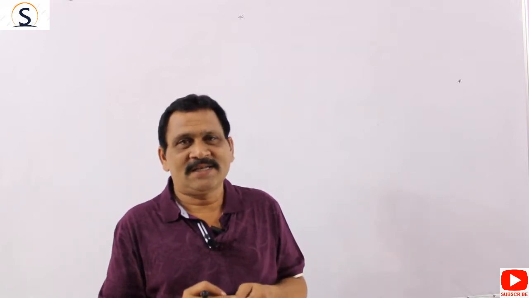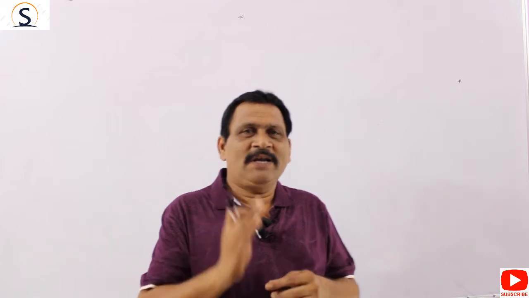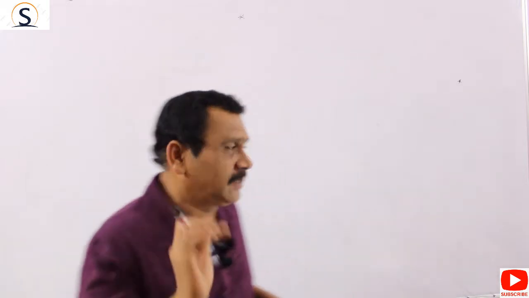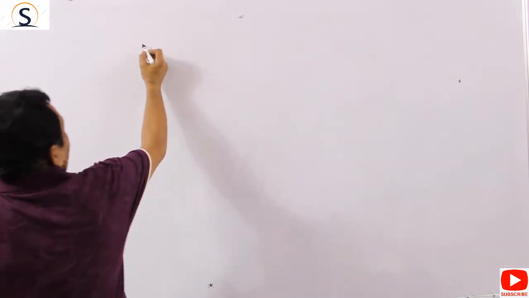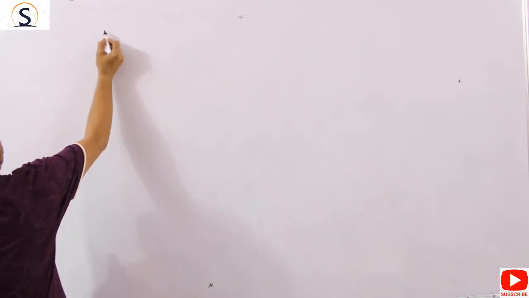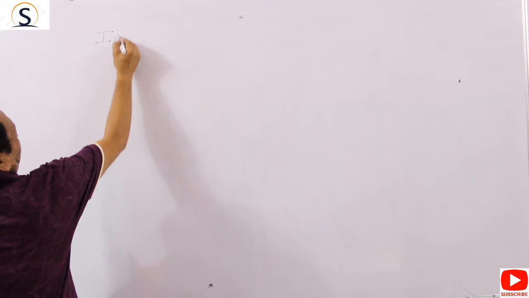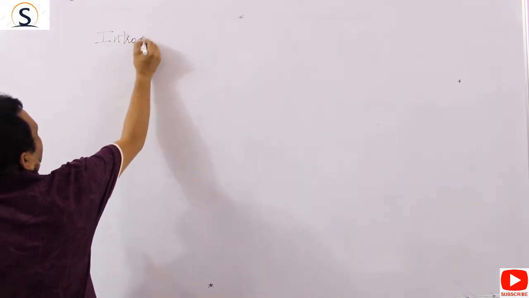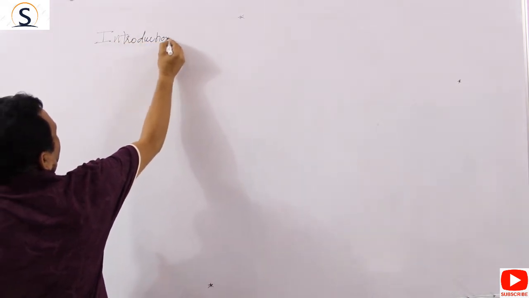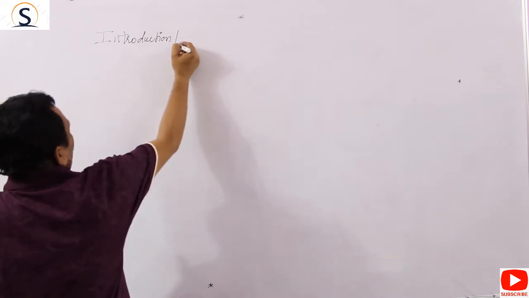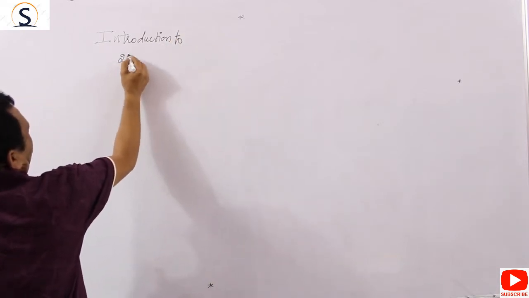Now first, in introduction to 2D geometry, you know there are two perpendicular lines which are intersecting at a point. Introduction to 2D geometry.